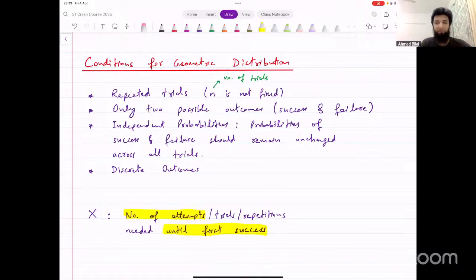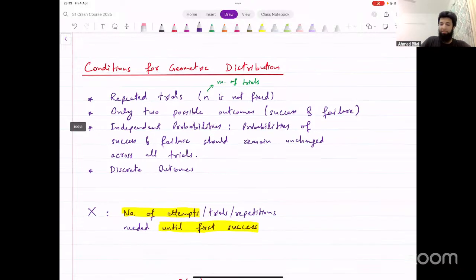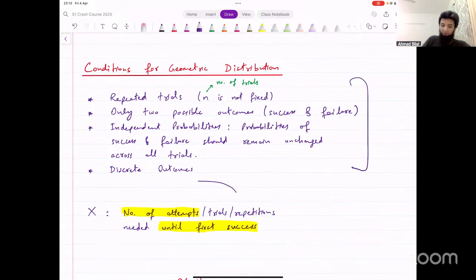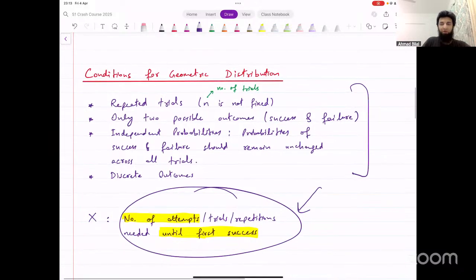That's the key difference. That's the main difference between these two distributions. Binomial is for number of successes. This is for number of attempts until first success. Once you have something that satisfies these conditions and you're looking for the probability of getting your first success in a particular outcome, you know that that's a geometric distribution.